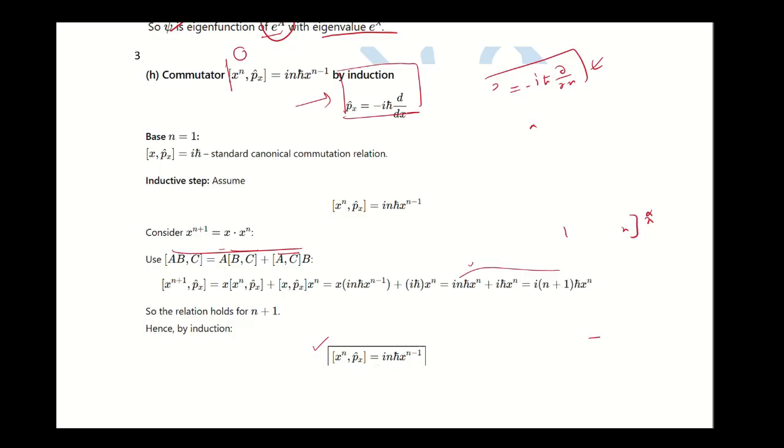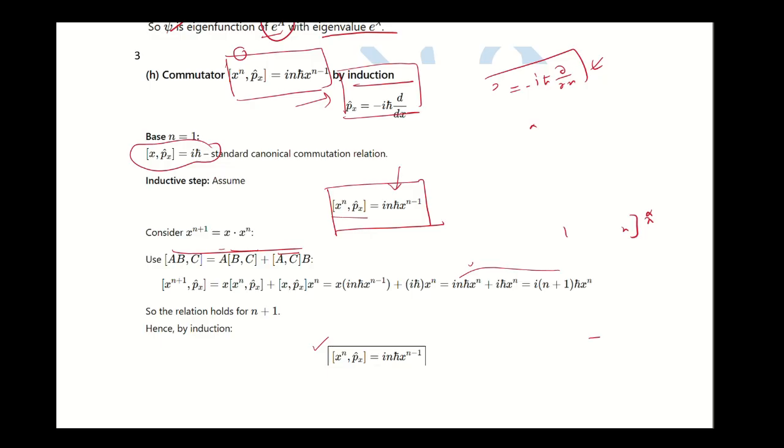We have to prove this with the help of the induction method. Initially we know that the commutator of x and px is nothing but iota h cross. Now, in the initial step, we assume that the equation holds.